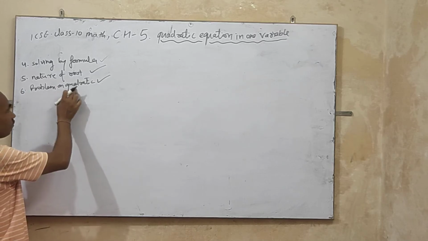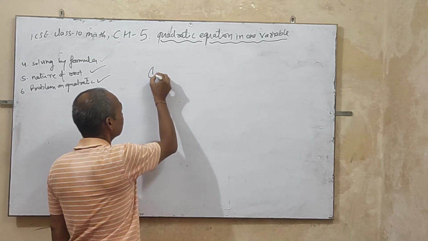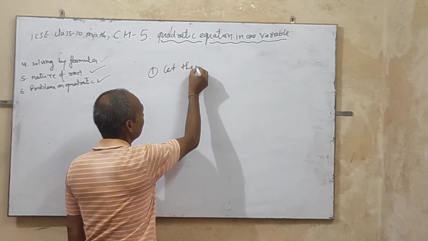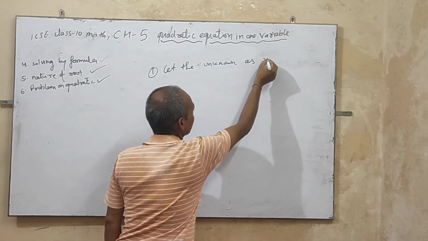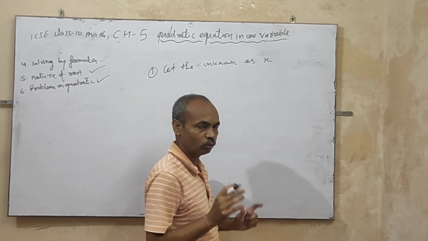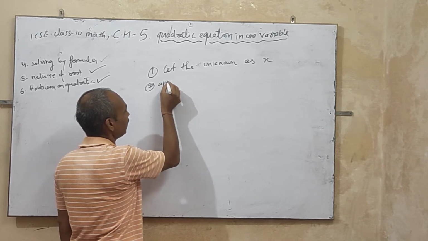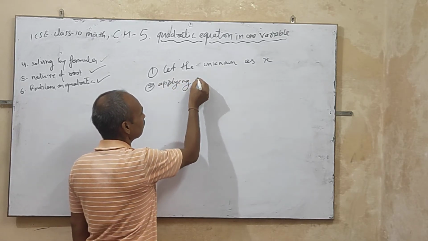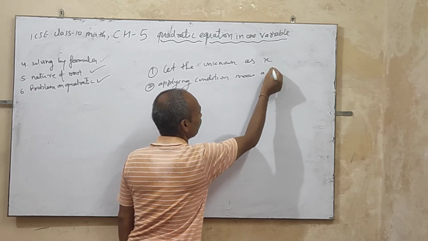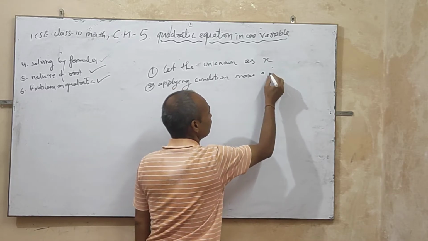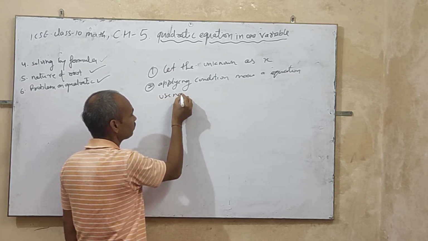To find the quadratic equation solution, first of all, let the unknown quantity be x. And second point, applying the condition, make an equation using x.